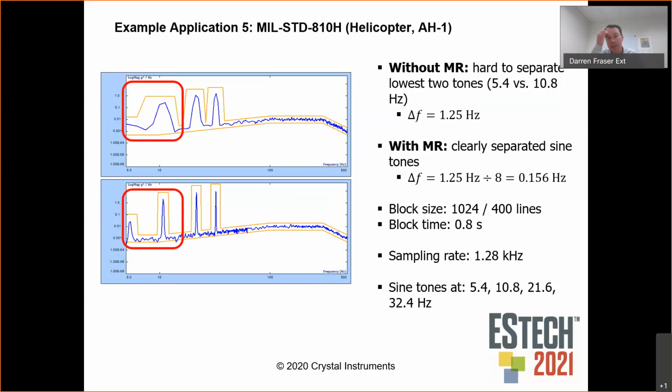Without using a higher block size, or without oversampling, you really need multi-resolution, because if you don't have it, you miss those 2 tones at 5.4 and 10.8 hertz. You just don't have the frequency resolution at 1.25 hertz to see those tones at the low frequency. And you can see that with multi-resolution, we can achieve up to a little over a tenth of a hertz, 0.15 hertz resolution.